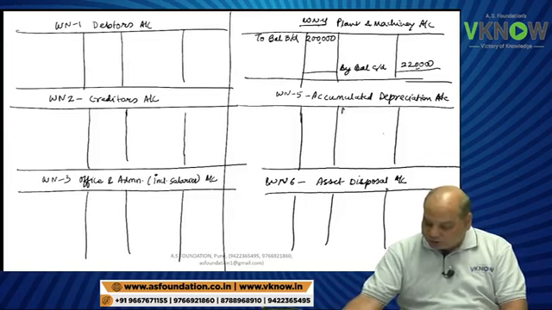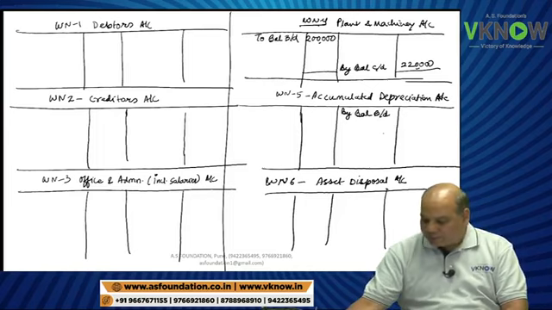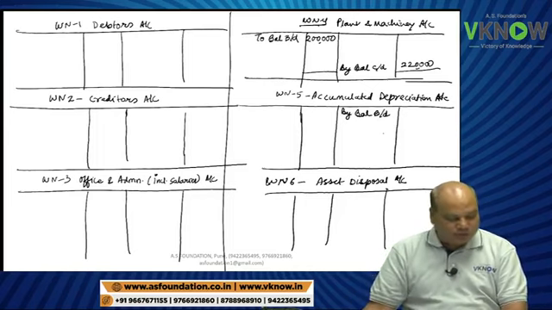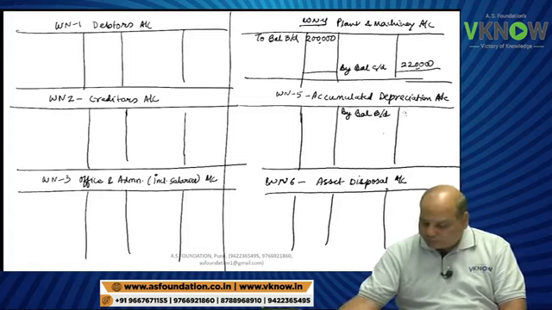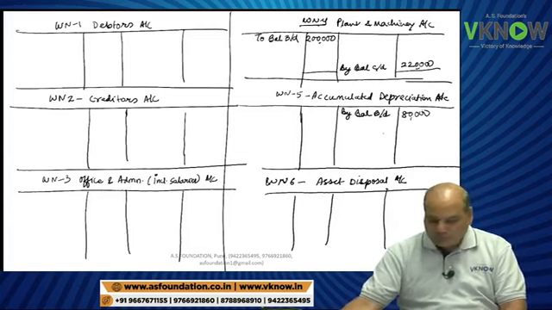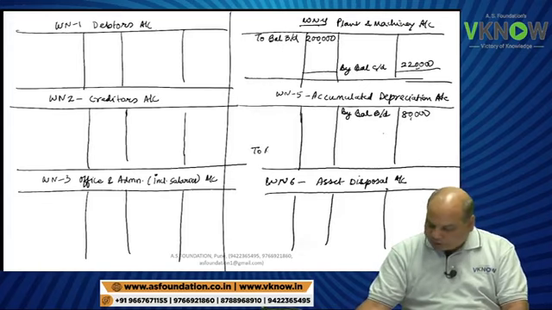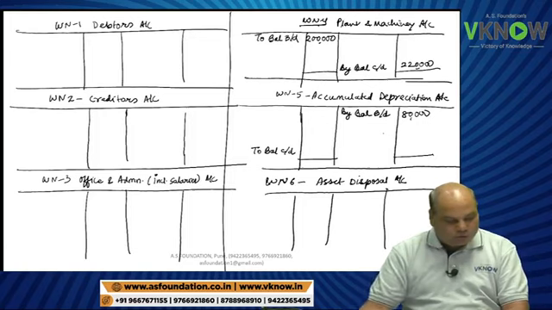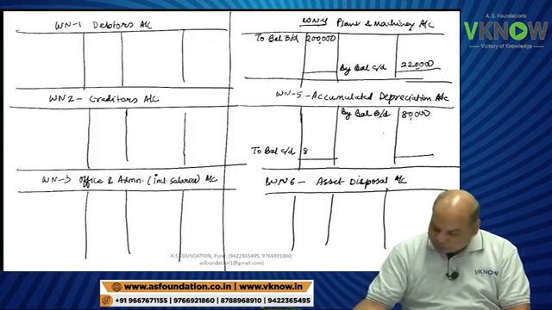In accumulated depreciation account, write down by balance brought down 80,000 and debit side to balance carried down is 82,000.